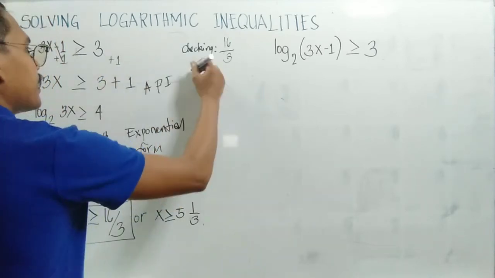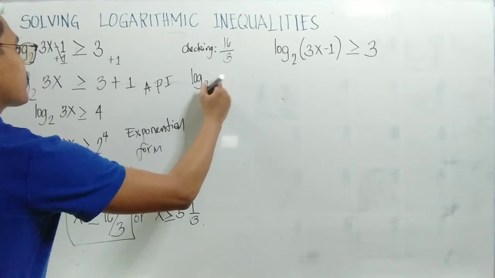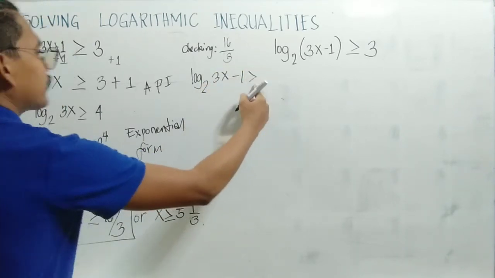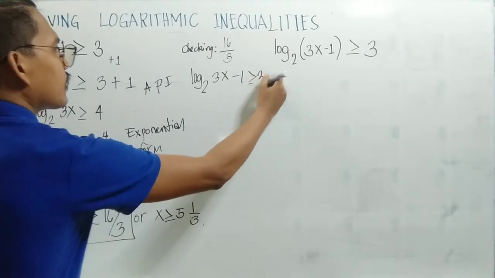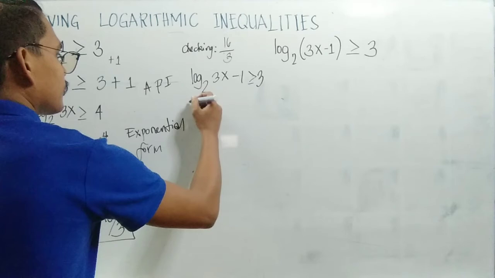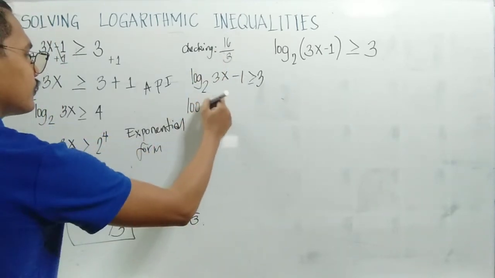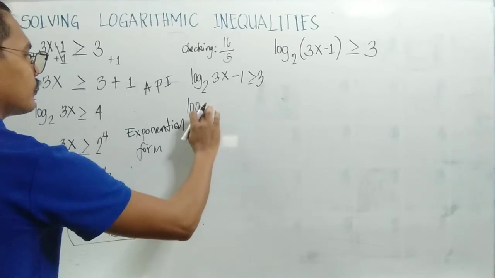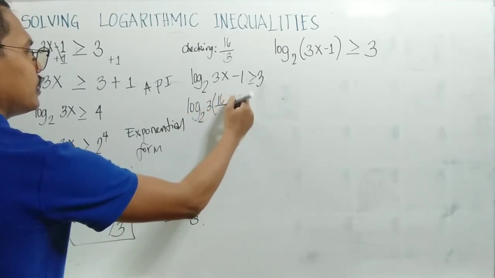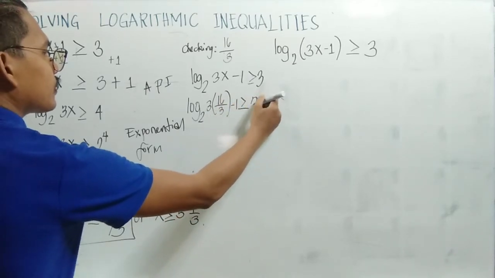Okay, so copying our log, we have log base 2 of 3x minus 1 is greater than or equal to 3. Substituting 16 over 3, we have log base 2 of 3 times 16 over 3 minus 1 is greater than or equal to 3.